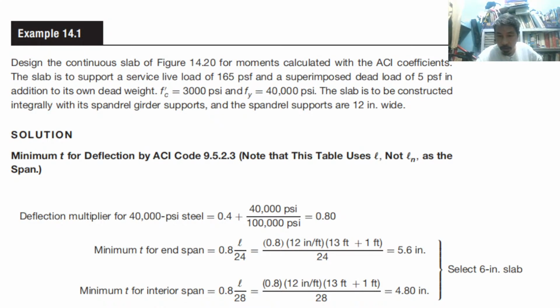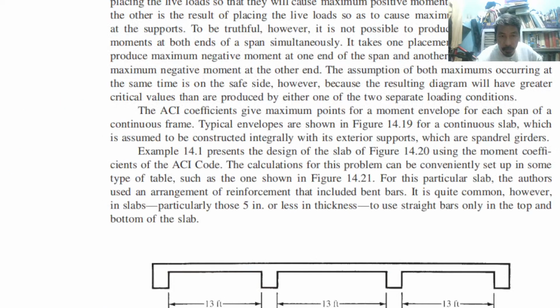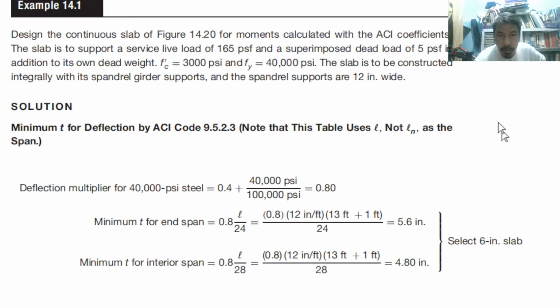So let me show you therefore the figures. This is the given figure. So we have 13 feet, 13 feet, 13 feet. So everything 13 feet. That is clear span. What is the dimension from this to this? That is 12 inches, given here.